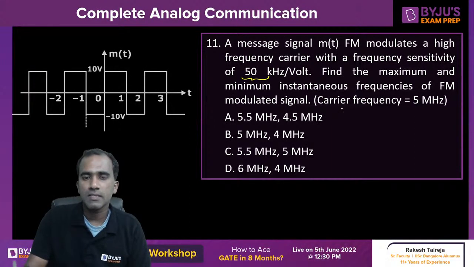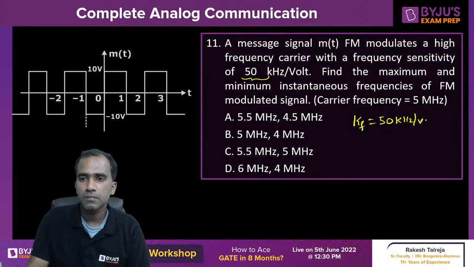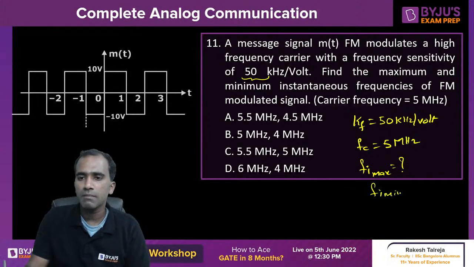So the given data is frequency sensitivity of the FM signal is 50 kilohertz per volt. Carrier frequency is 5 megahertz. They're asking us to find the instantaneous frequency maximum value and minimum value.